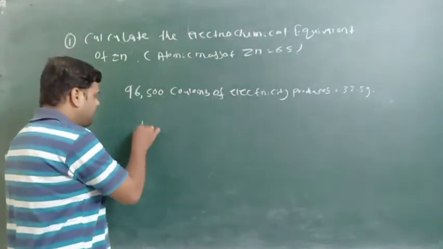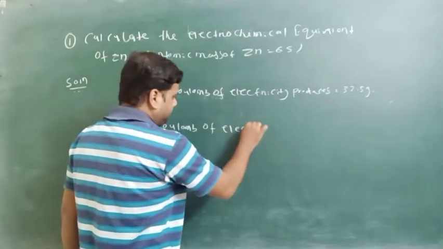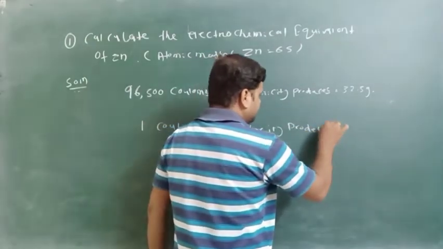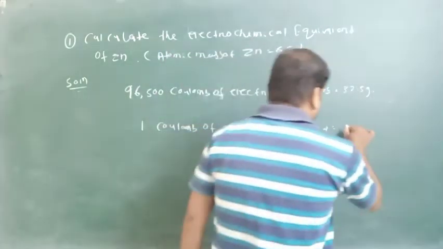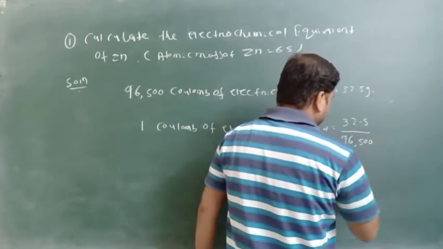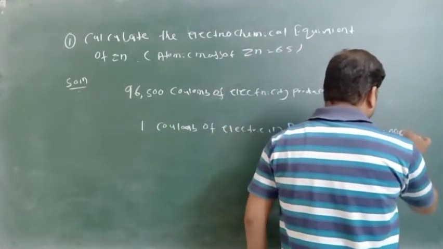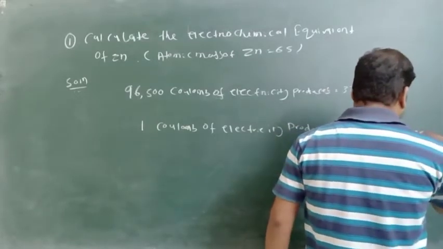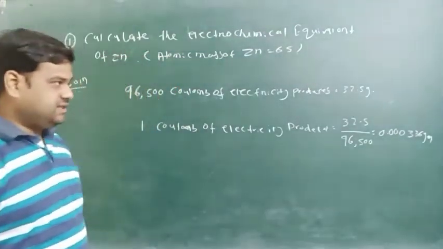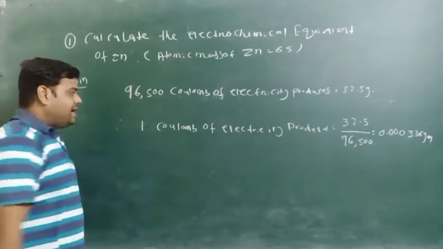When 1 coulomb of electricity liberates, we write 32.5 divided by 96,500 coulomb. The value will be 0.000336 grams. So we have calculated the mass for 1 coulomb of electricity.